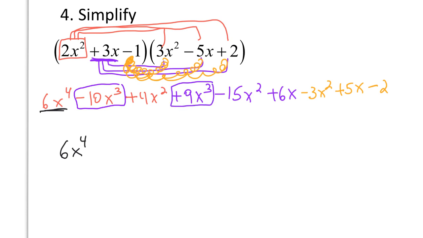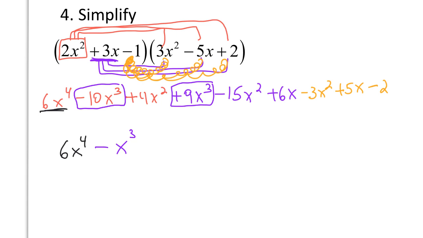They have different signs, so I subtract the numbers and I keep the sign of the biggest number. The biggest one is 10. So it's going to be negative 1x cubed. I don't need that 1 next to the x, but you do have an x cubed. Notice I didn't add the exponents because I'm not multiplying. I am combining like terms.